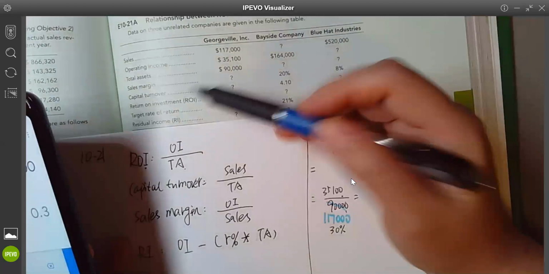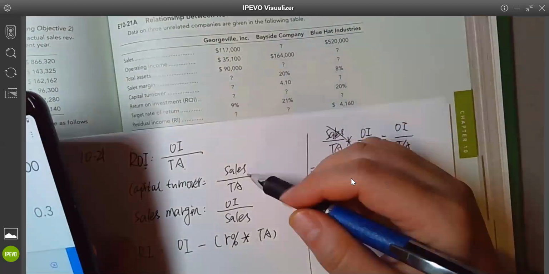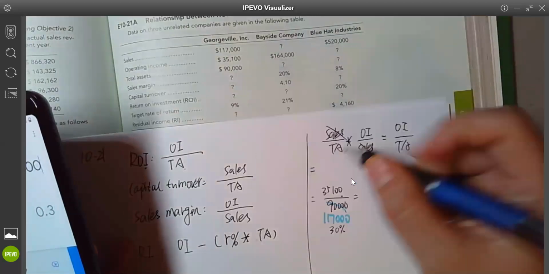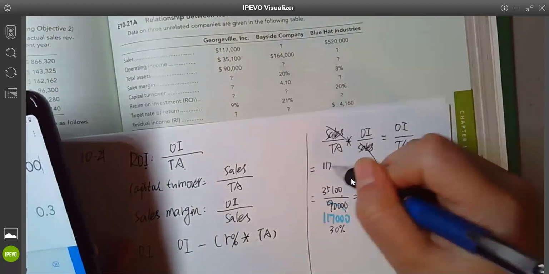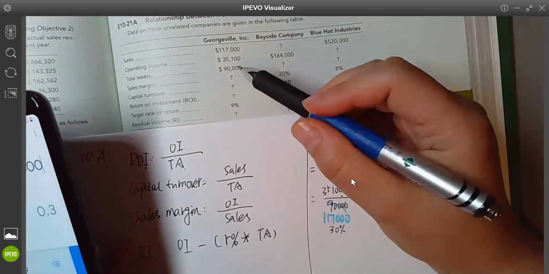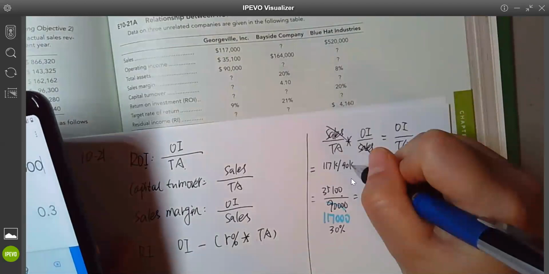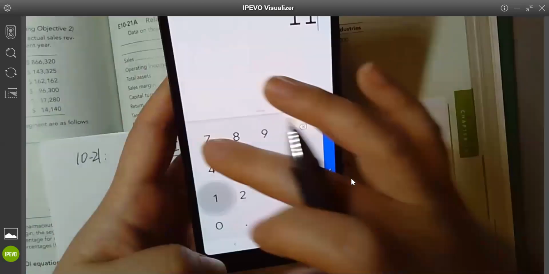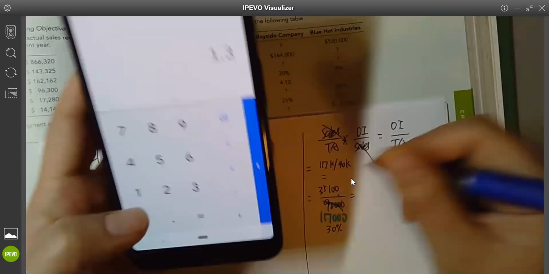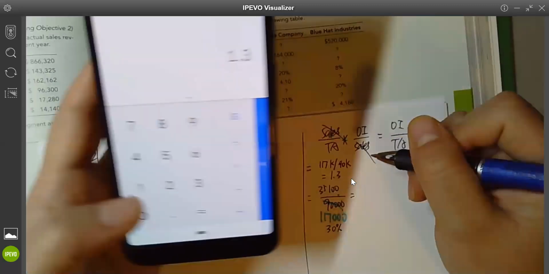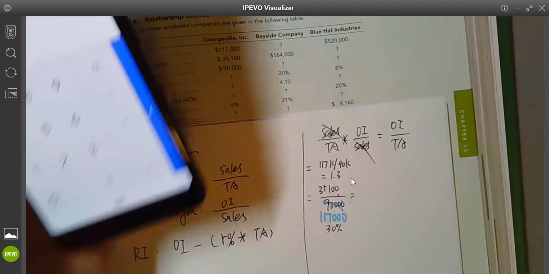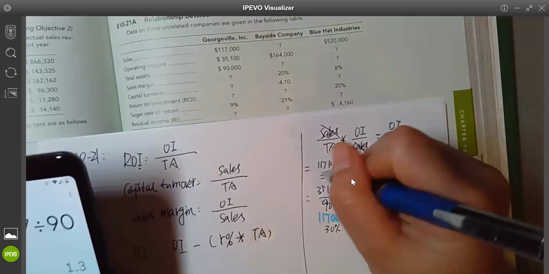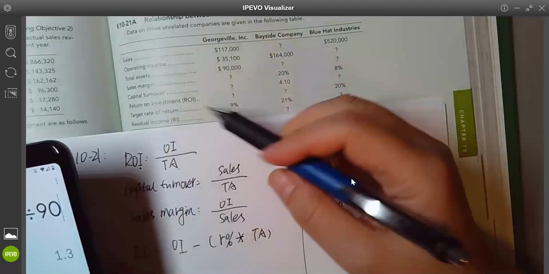Capital turnover is sales, 117,000, divided by total assets, 90,000. 117 divided by 90 is 1.3, right? 130% or 1.3. And then next one, ROI.